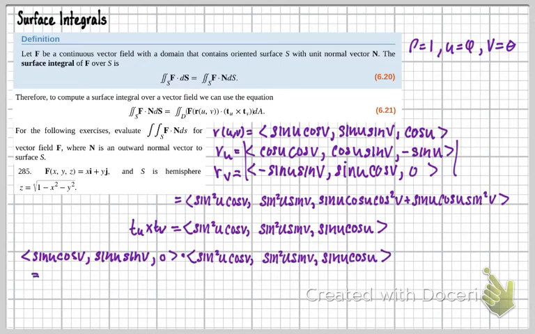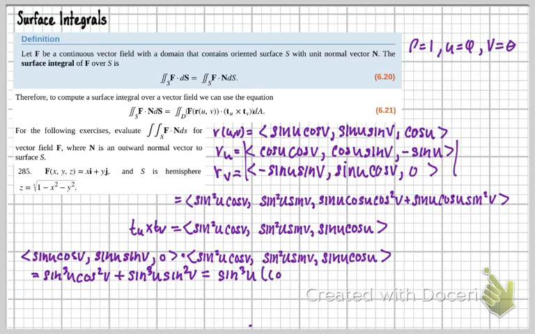And then when we multiply those all out, we're going to get sine cubed u cosine squared v plus, I'm going to multiply the second ones here, that's sine cubed u sine squared v. And then for the third one, it's 0 times, so I'm going to end up with a plus 0, but I don't need to put that down. So then this simplifies because I can pull a sine cubed u out of both of those.